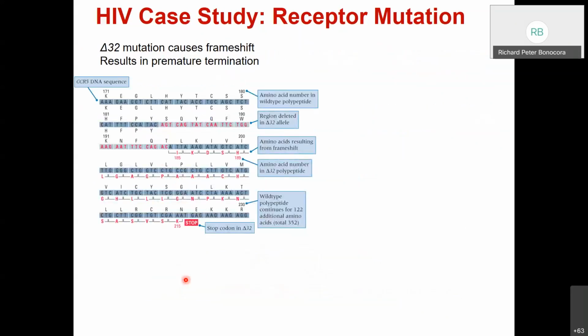Here's the mutation. Here is the sequence of the CCR5 gene, and the translation of the gene to the amino acid sequence is shown here. This is where there's a deletion of these 32 base pairs, shown from here to here in red. Since the deletion is not a multiple of 3, it creates not only this deletion, but a frame shift thereafter.